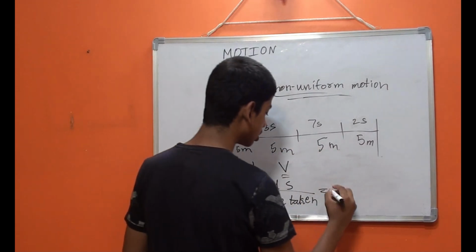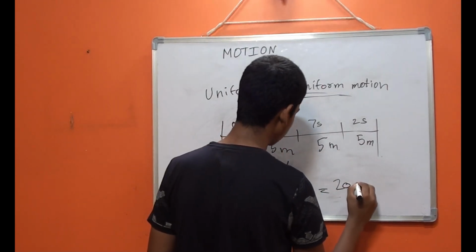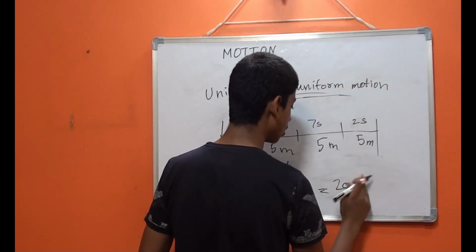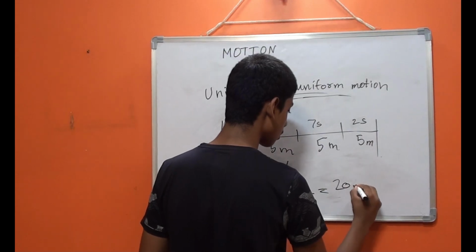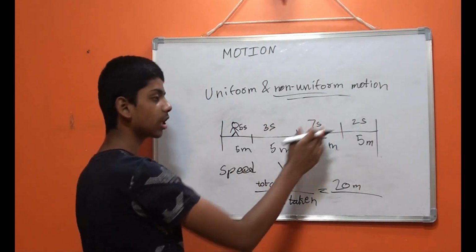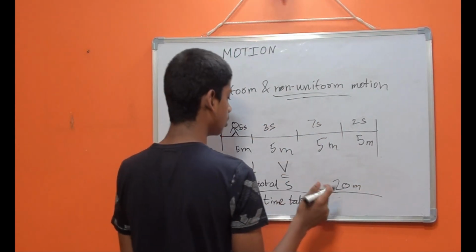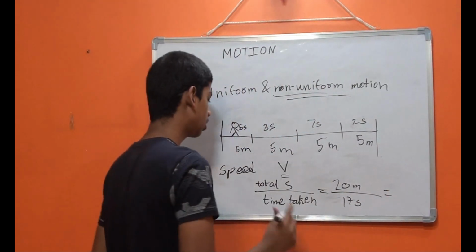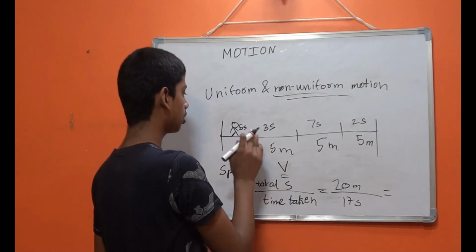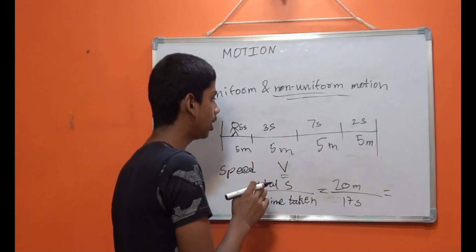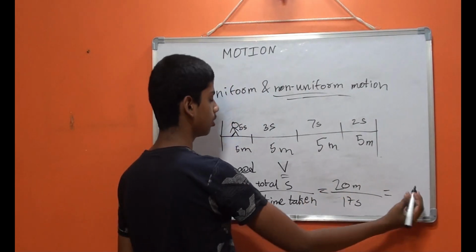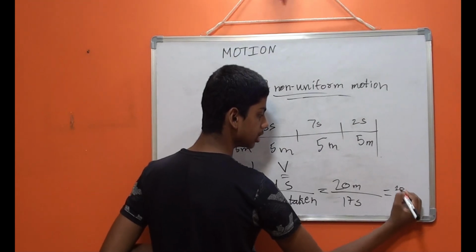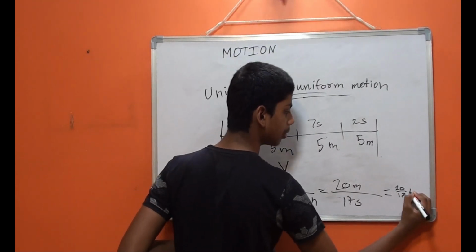The total distance is 20 meters and the total time is 17 seconds. So the speed of this man would be 20 by 17 meter per second.